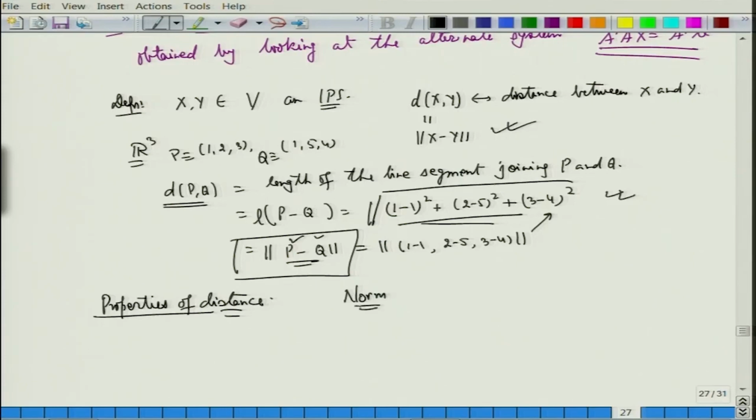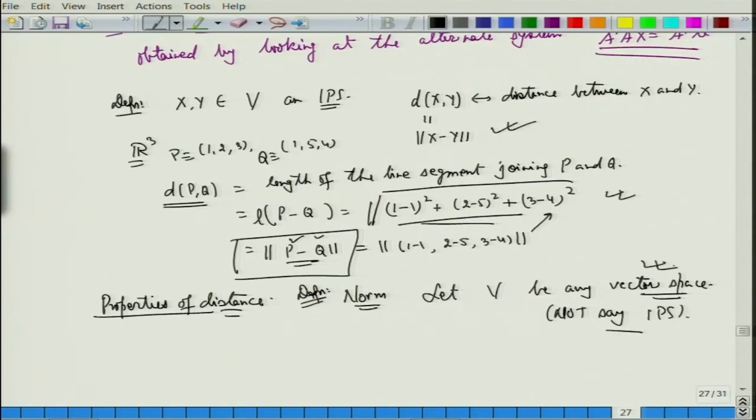So what is a norm? The definition of norm. Let V be any vector space. Note, I am not saying it is an inner product space, not saying IPS, I am just saying it is a vector space.